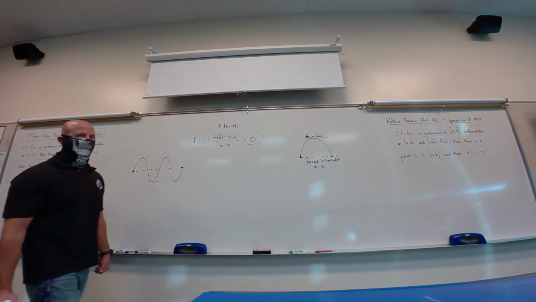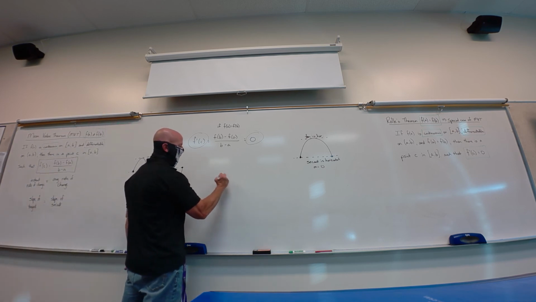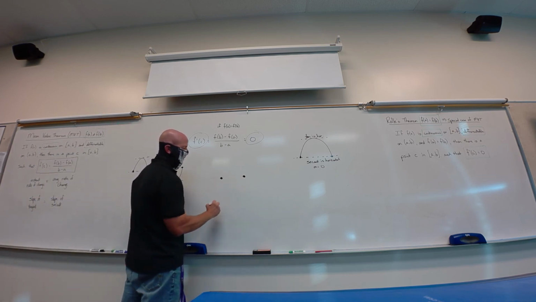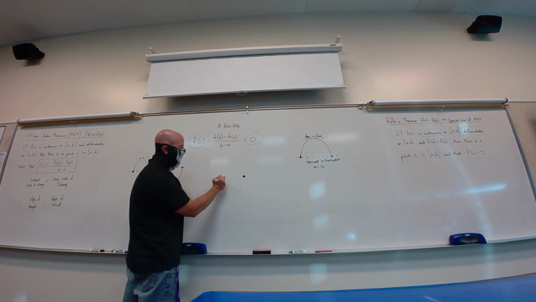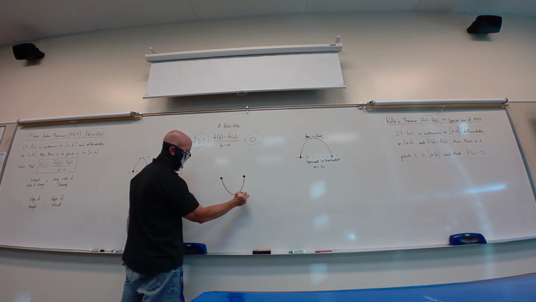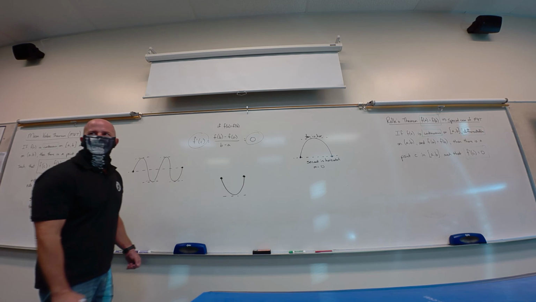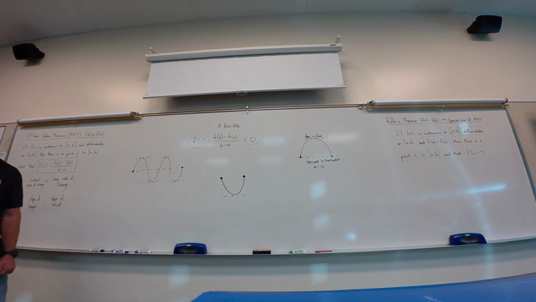So if I leave this point and I want to get to this point, and it's a continuous differentiable function, it has to create a place where the slope's 0. Because it's still continuous and differentiable.